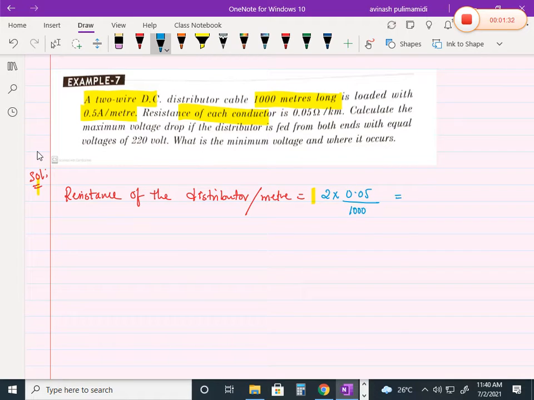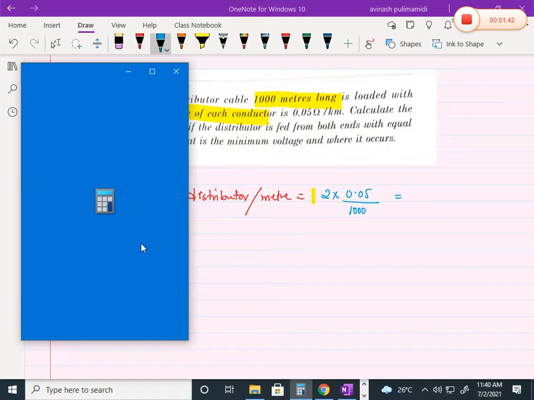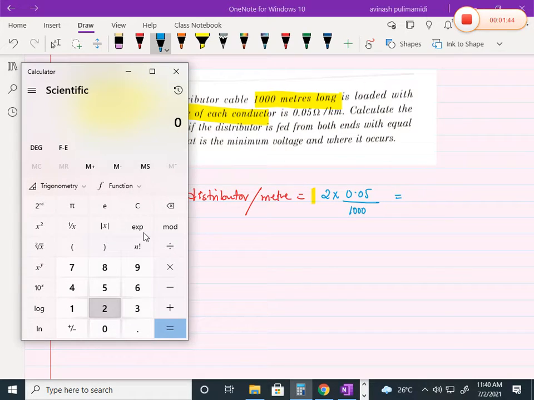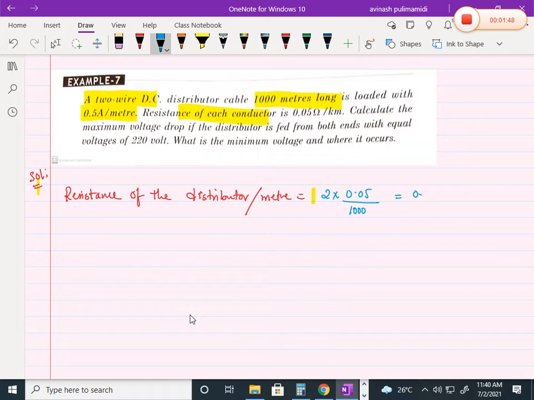Then you get it in meters: 2 into 0.05 is 0.1, and divided by 1000 gives 0.1 into 10 power minus 3 ohms.